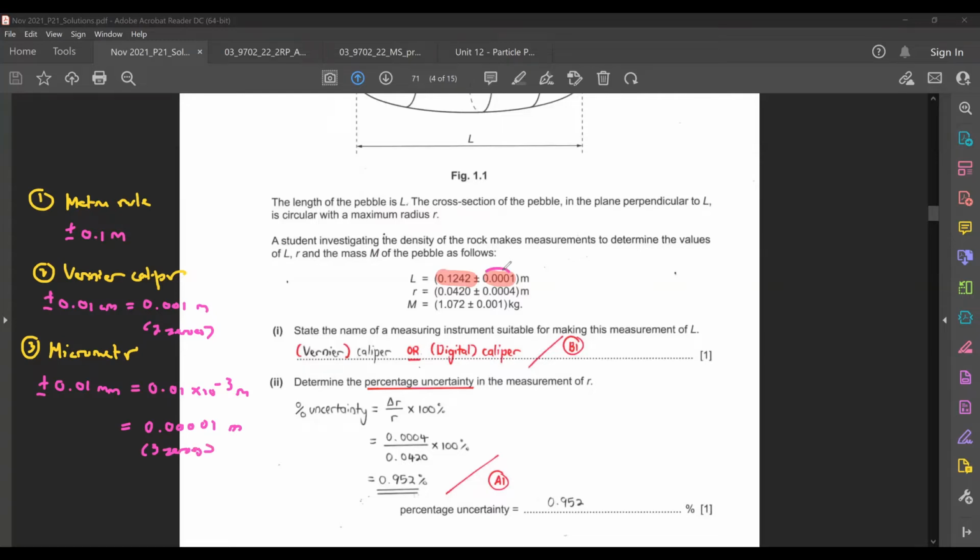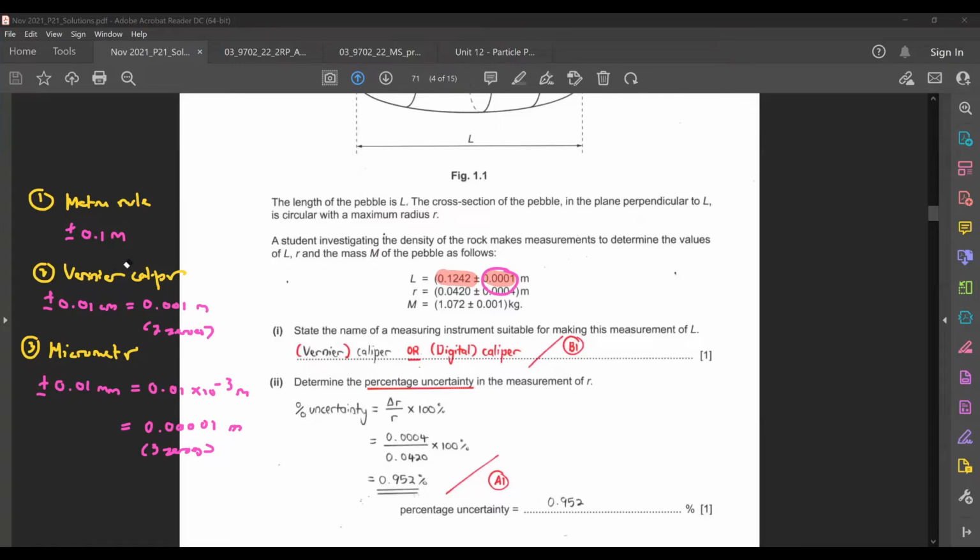You look at your instrument here, they tell you that your uncertainty of your measurement was 0.0001 meter. Okay, so in my case, wait, sorry, 0.001 meter. So in my case, it should have been this one. Oh, sorry. Did I do this one wrongly? Digital caliper, my uncertainty is plus minus 0.1 centimeter.